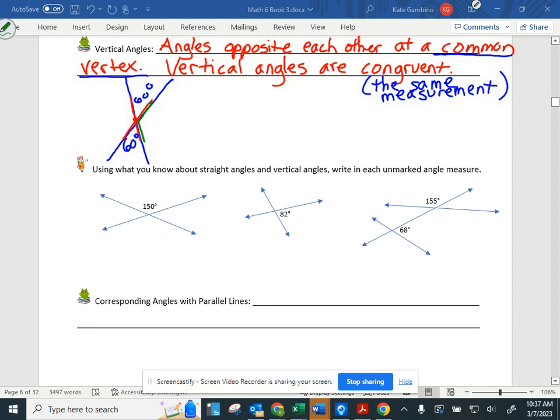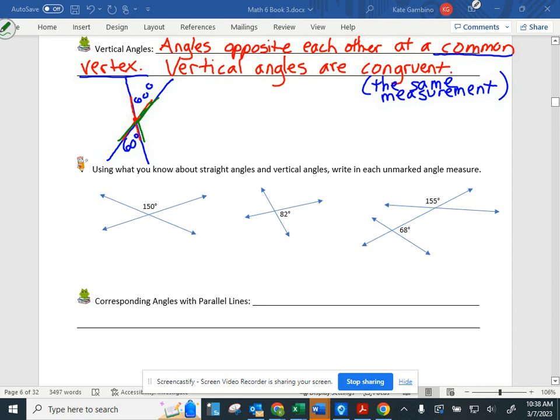Is that a right angle? What is that from here to here? What kind of angle is that? Is that a right angle? Straight. It's a straight angle. How much does a straight angle equal? 180.